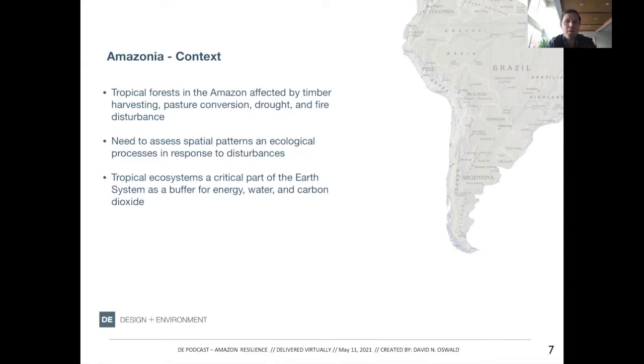All of those constituents are very important to atmospheric function and global atmospheric processes. So when you look at the Earth system, you see this big chunk of green as a critical component to how our current Earth system works. If there are major disturbances to the Amazon, there may be major impacts on global atmospheric processes.